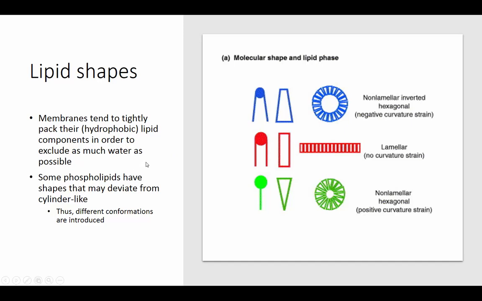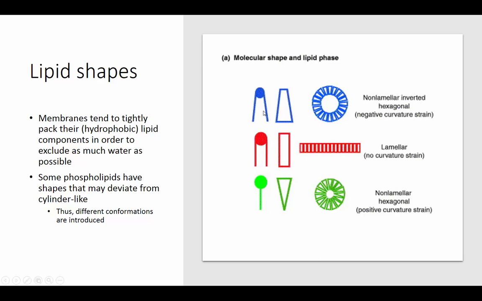So some phospholipids do have shapes that may deviate from the straight cylinder-like lipids of straight-chained hydrocarbons. If you've got straight-chained hydrocarbon tails, you might have this cylinder-like lipid and have this flat, well-packed lipid membrane.